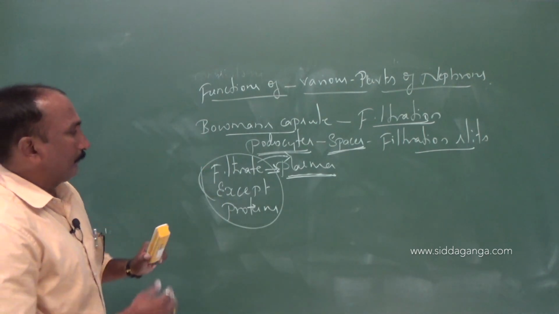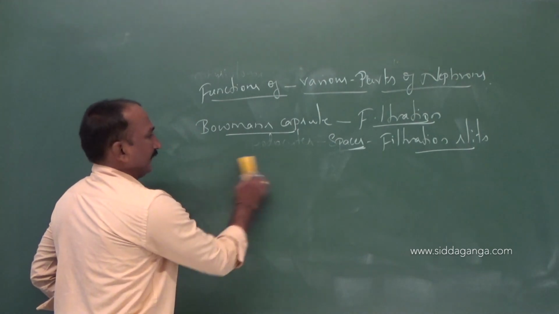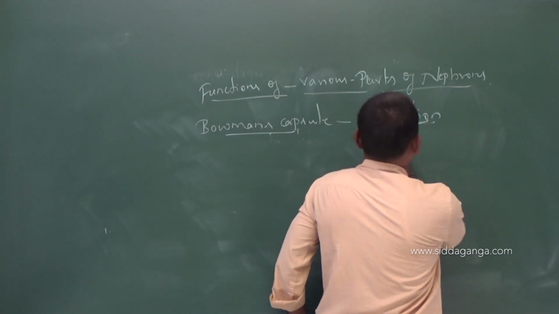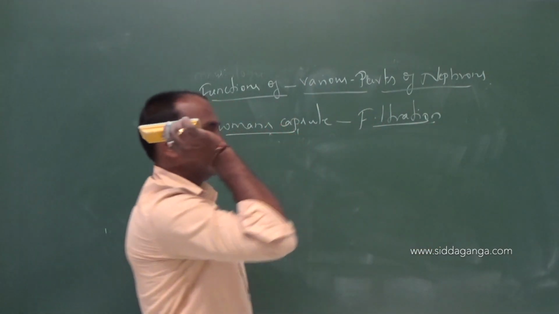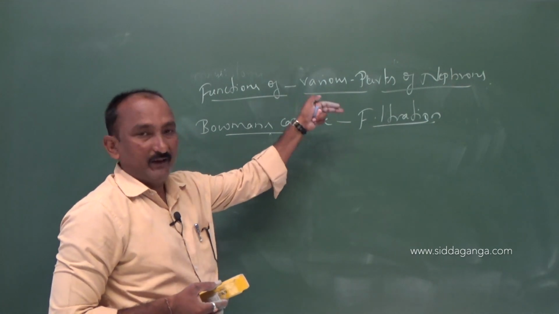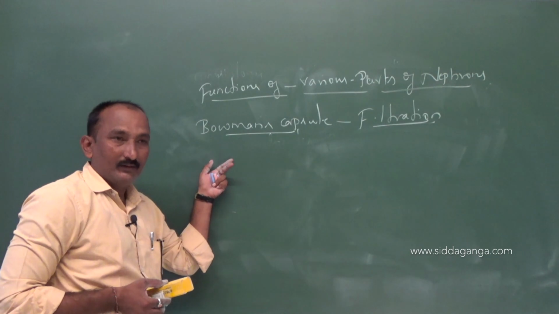So the Bowman's capsule, within the nephron, is mainly responsible for filtration of the blood. The fine filtration is done with the help of the Bowman's capsule.